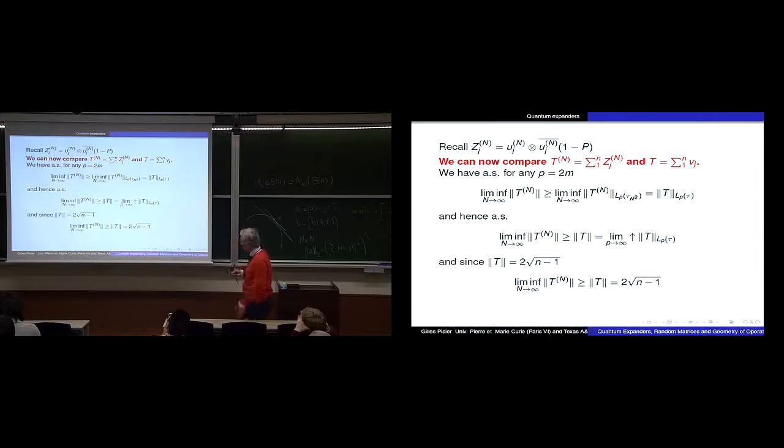This is again a classical type of manipulation in random matrix theory. You look at your p equals 2m, so you want an even integer for the value of p. You look at the lim inf of the norms of this guy. So this is greater than this because you have a probability, so the LP norm is less than the L infinity norm.